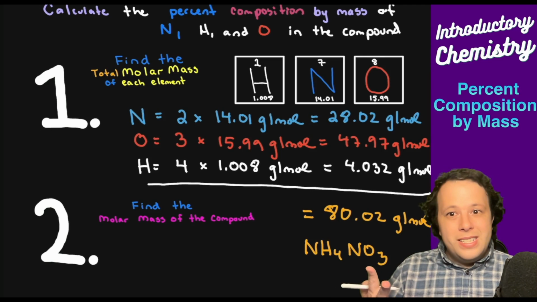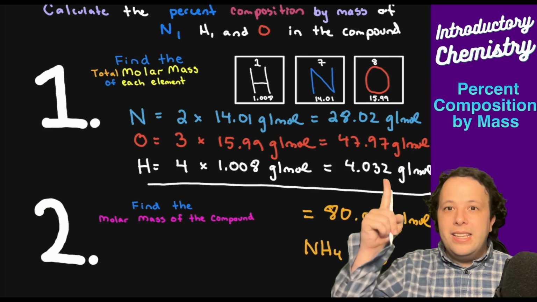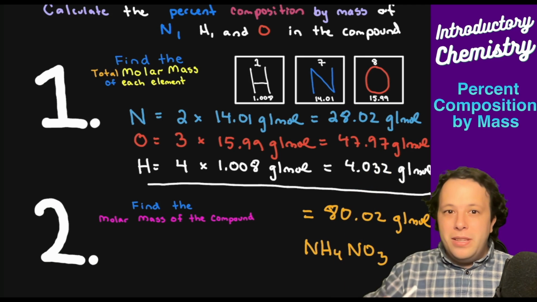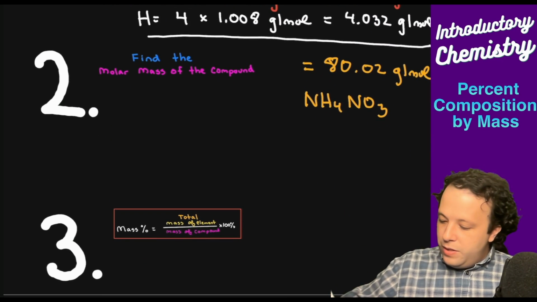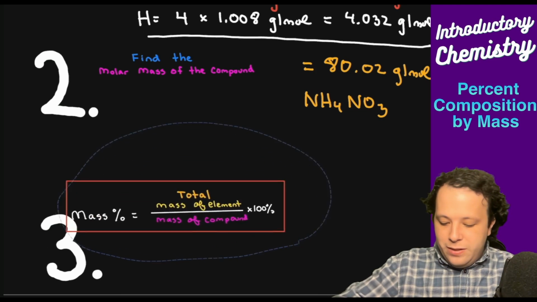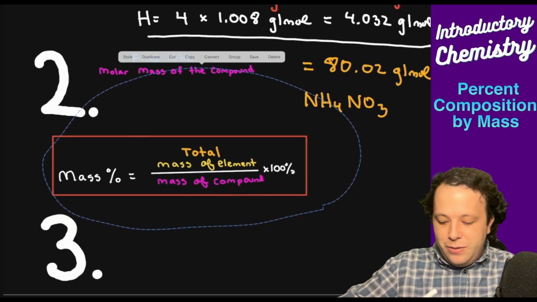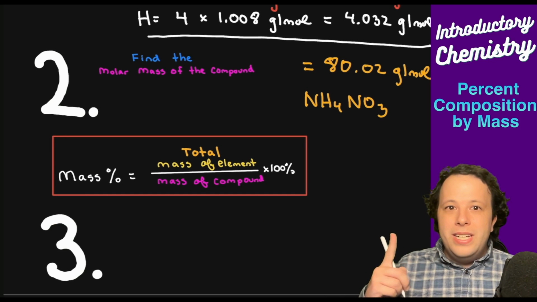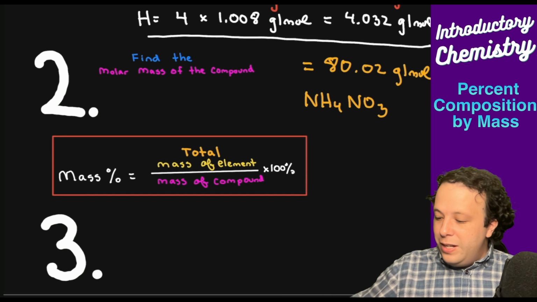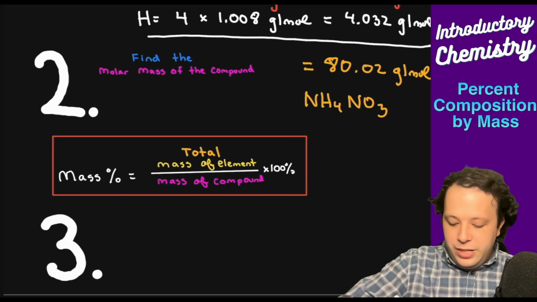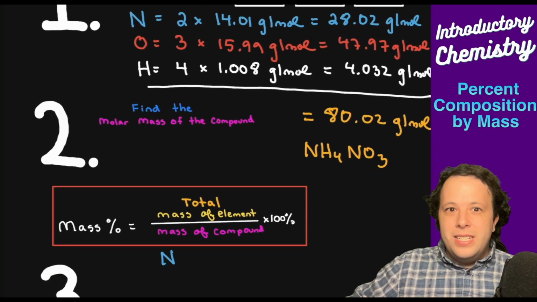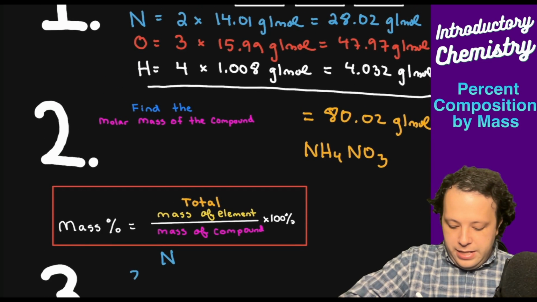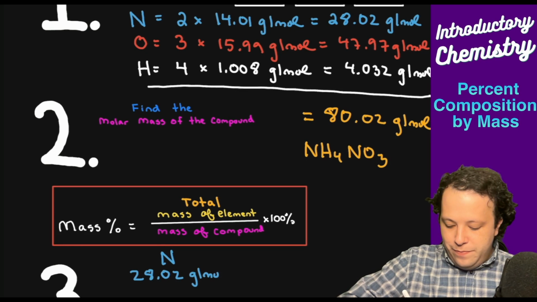Now, what is step 3? Well, step 3 is taking these individual values and plugging them into our formula. So let's do that for ourselves. Let's blow up that formula so we can make it a little bit bigger so we can remember exactly what we have to do. So we need to take the total mass of each individual element. Let's first start with nitrogen. So nitrogen had 28.02 as its value, so 28.02 grams per mole.